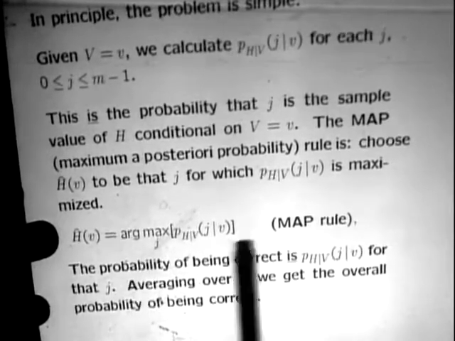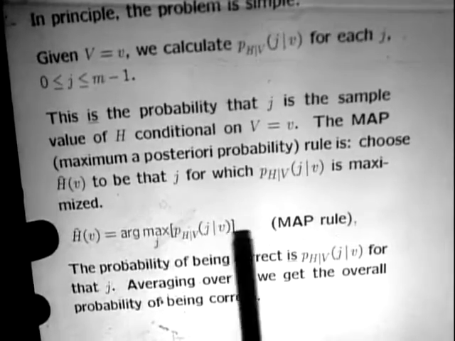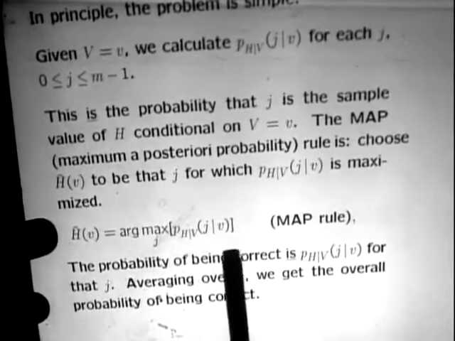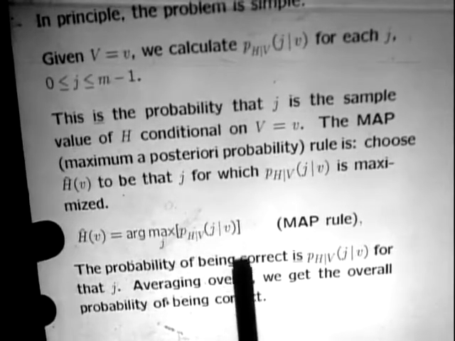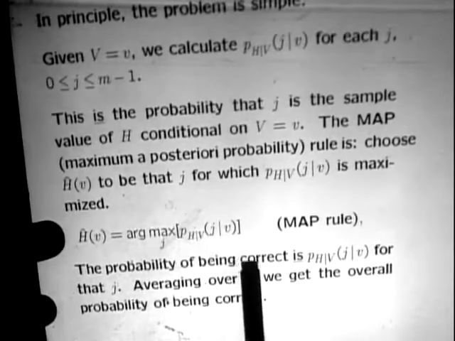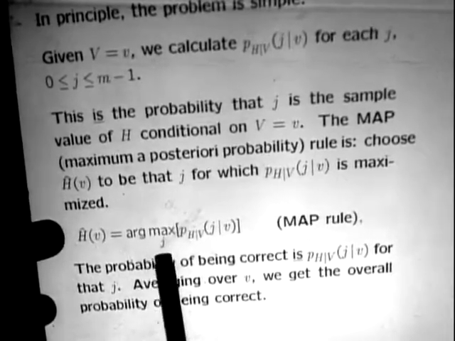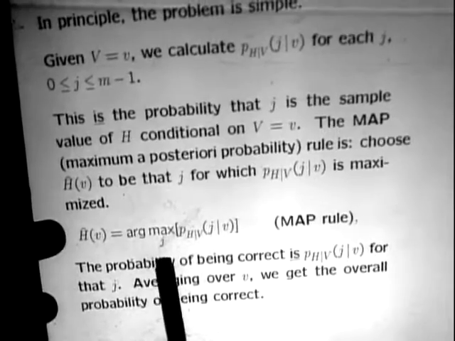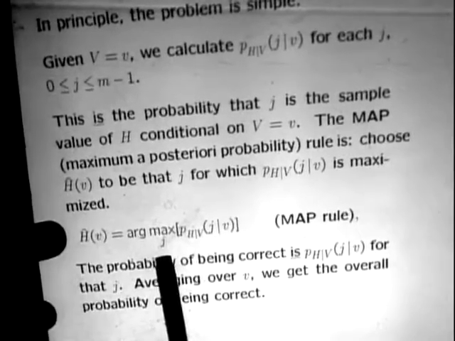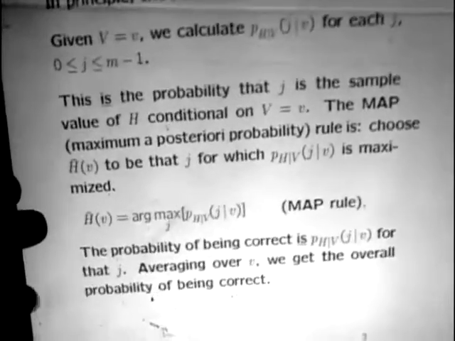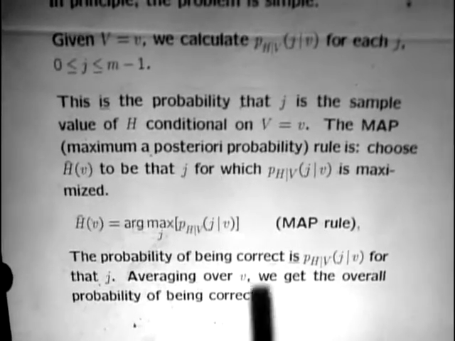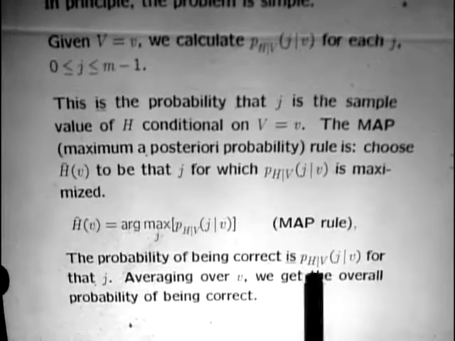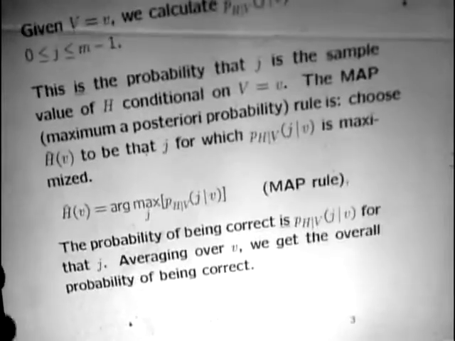We're not interested in the maximum value of it at this point. We're interested in it later because that's the probability that we're choosing correctly. What we're interested in for now is the hypothesis that we're going to guess. So the probability of being correct is going to be this probability for this maximal J.